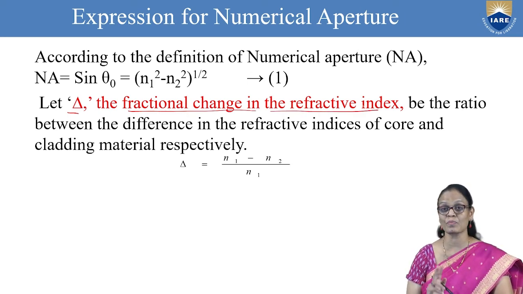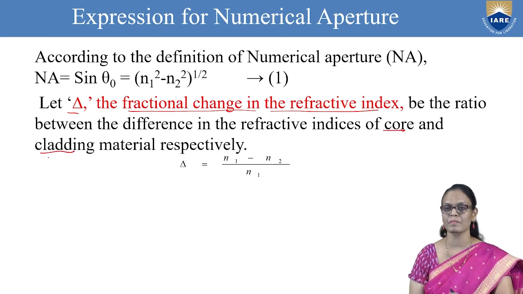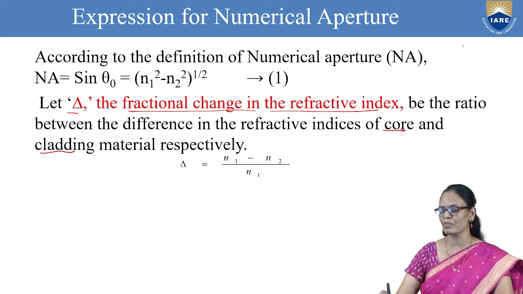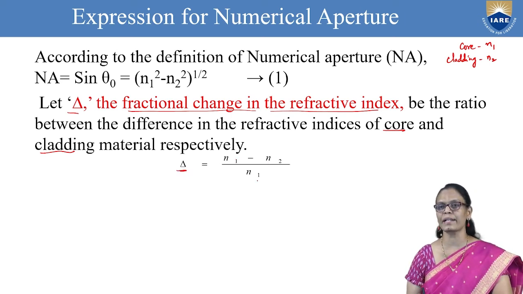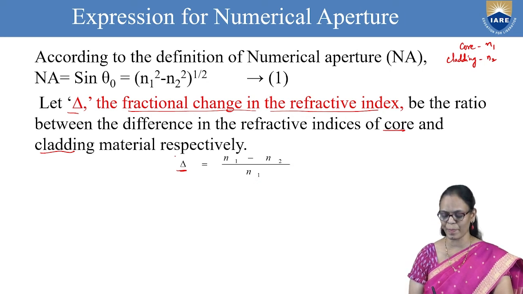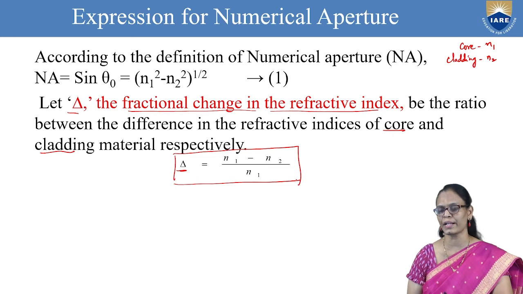Fractional change here means we are comparing the refractive index of the core, n1, with that of the cladding, n2. So we define delta, the fractional change in refractive index, as n1 minus n2 by n1.